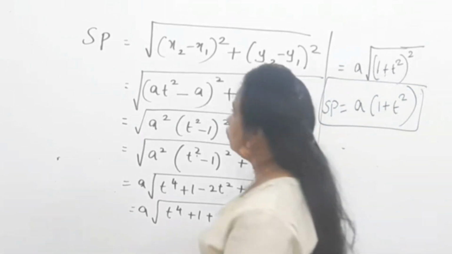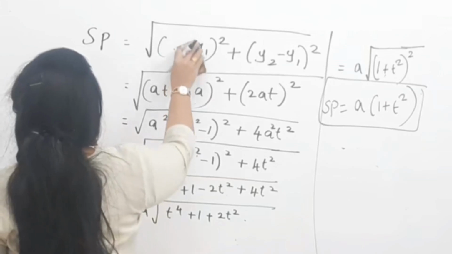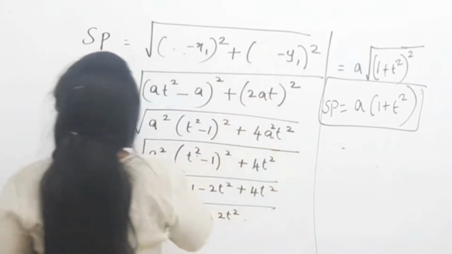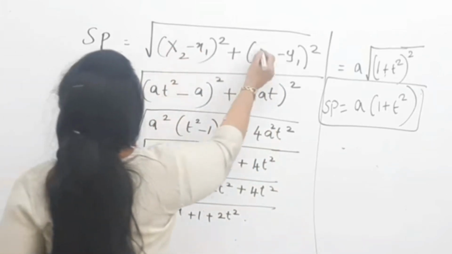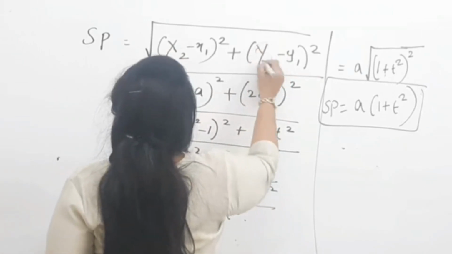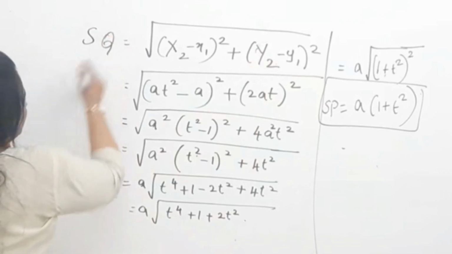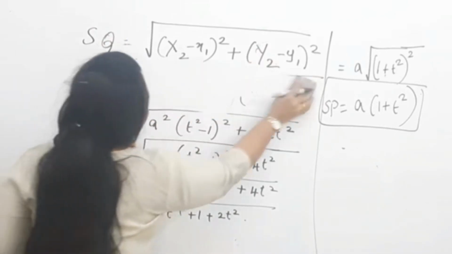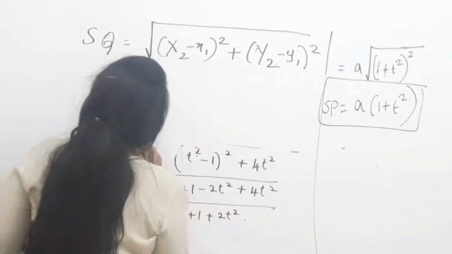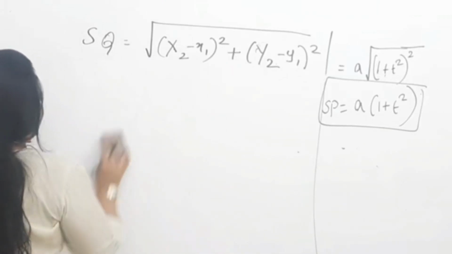Now I am going to get my SQ. So SQ first, the distance equation becomes x2 minus x1, y2 minus y1, and this becomes SQ. Let me have my coordinates clearly at my side so I would not go making mistakes.